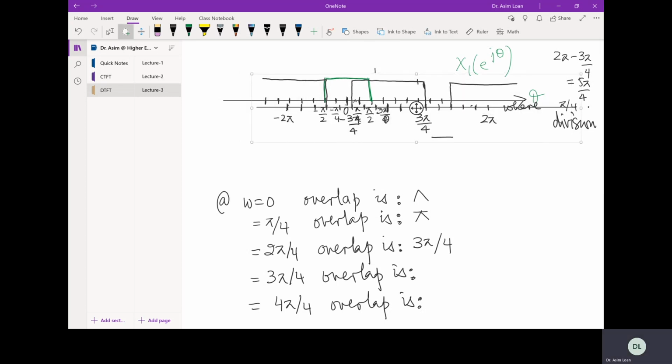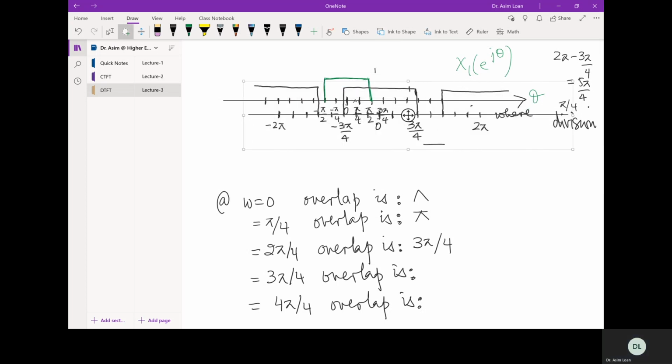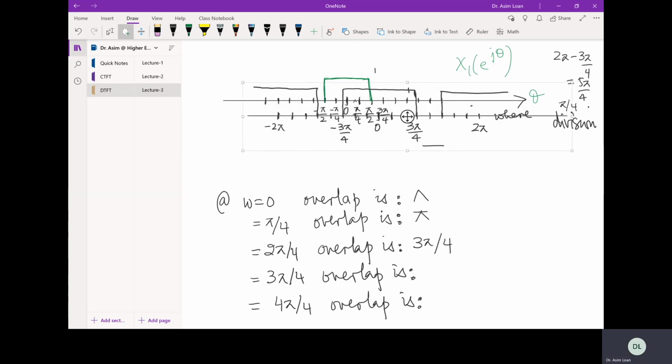At first it looked like only 2 overlappings, but it was not aligned properly. Now it's aligned. So I have 1 and 2. This one is still not overlapping.